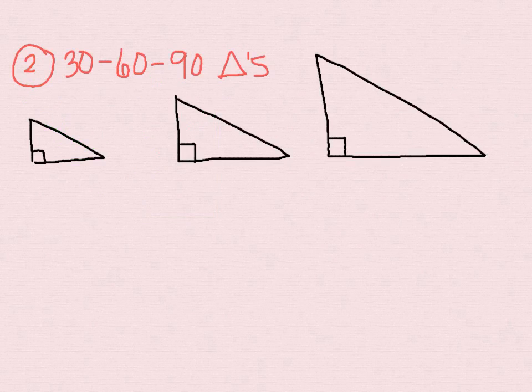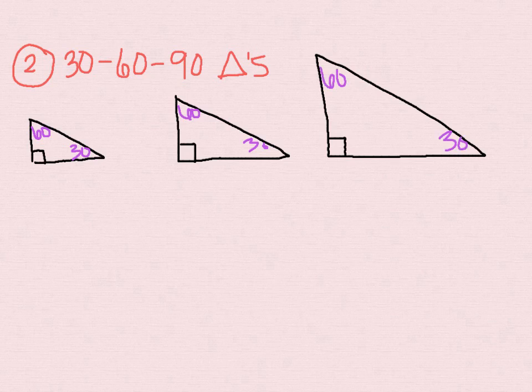Okay, now 30, 60, 90 triangles are a little more complicated, so I'm not going to go into a whole bunch of detail. I'm just going to do this one time. What you want to do is write in the angles. So this big angle in the corner is going to be 60 and this bottom will be 30. In a 30, 60, 90 triangle, we don't have two legs that are the same.